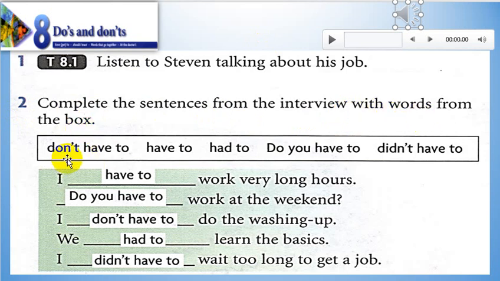The words from the box are don't have to, had to, do you have to, didn't have to, which is all used by Stephen in the course of his talking about his job. Of course, I put it for you so that you don't waste time trying to solve it.